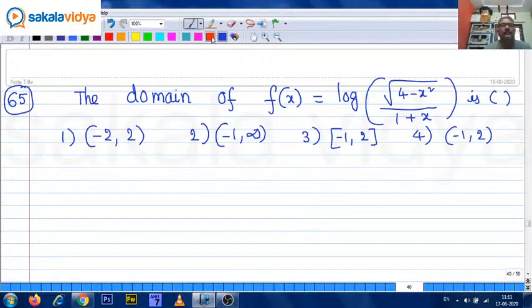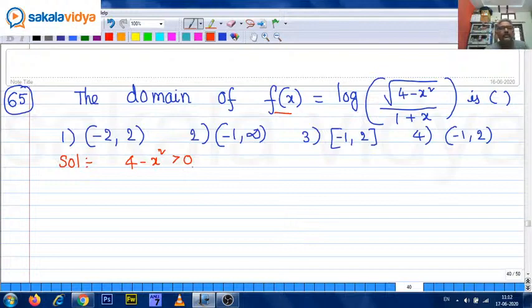Now the solution. For the domain of f of x, root of 4 minus x square is defined only when 4 minus x square is greater than 0 itself, not equal to 0 also, because if it becomes 0, log 0 is not defined.